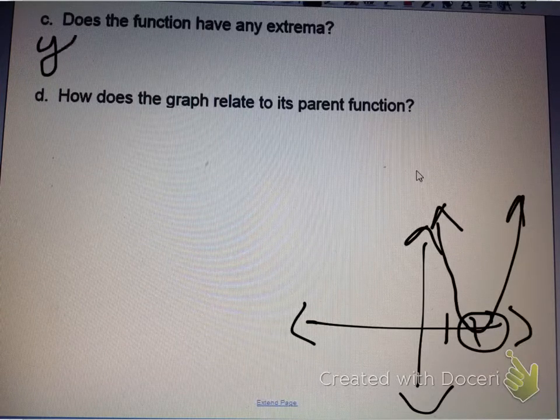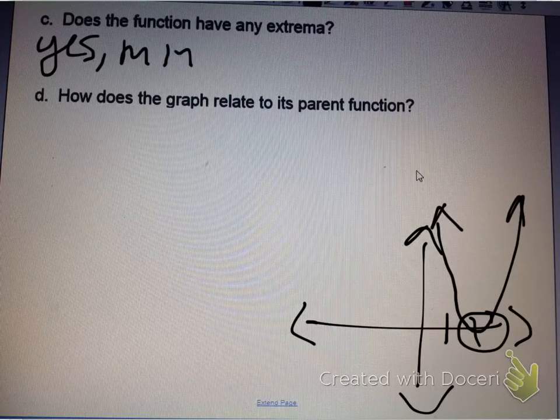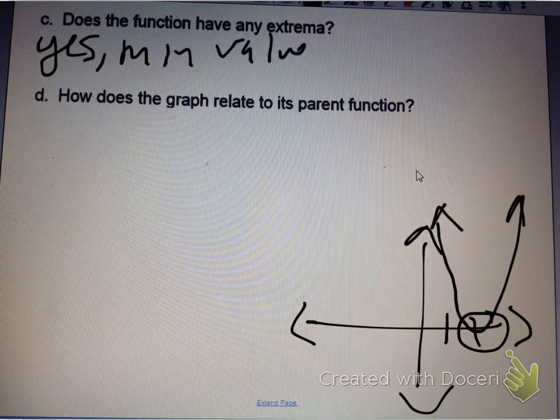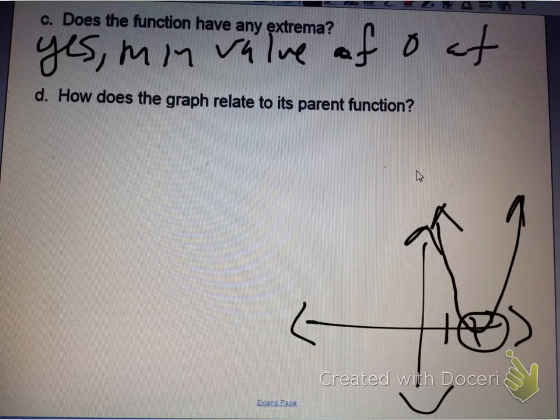So we're going to say yes, we have a minimum value of 0 at x equaling 2. And then D, how does the graph relate to its parent function? It's a translation.